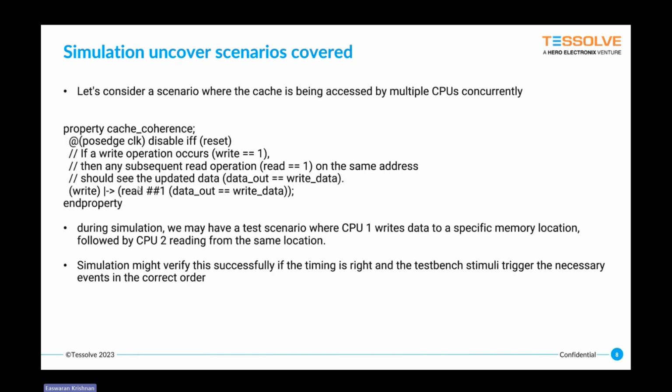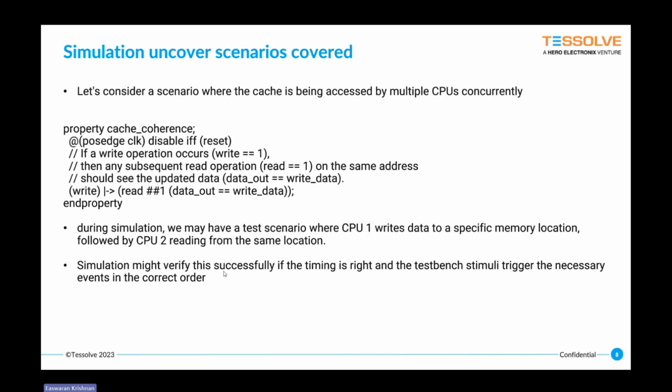We may have a test scenario for this in simulation where CPU1 writes data to a specific memory location, followed by CPU2 reading the same location. We can even verify this in simulation.